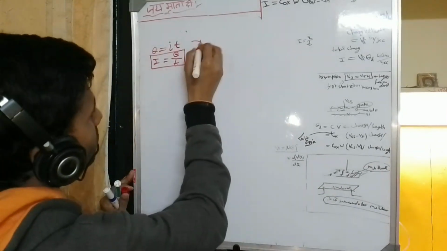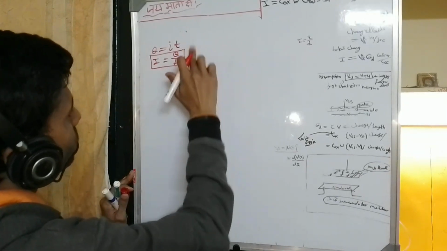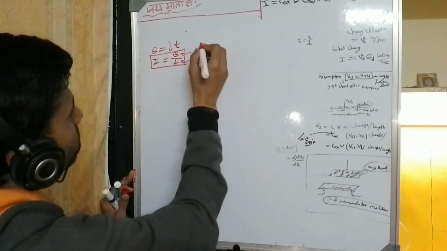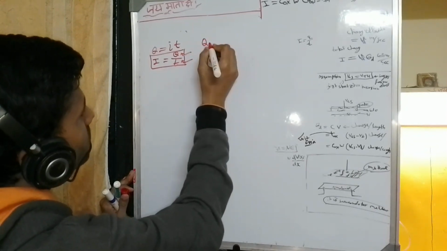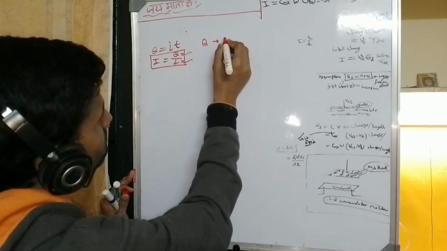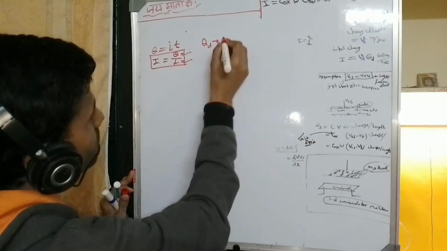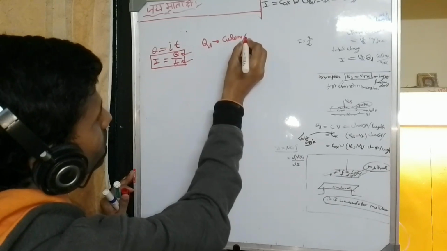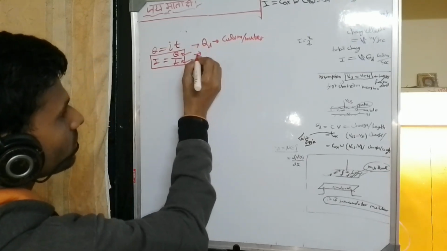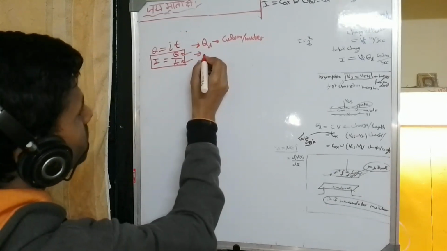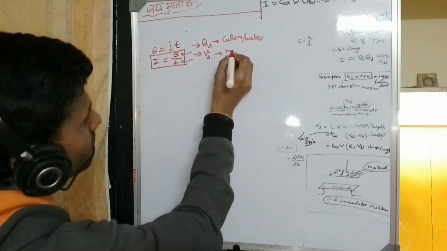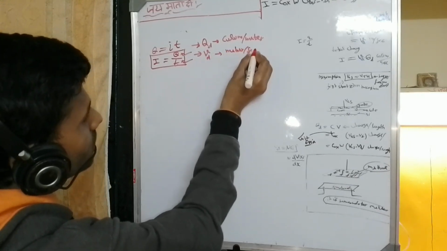Then if we want to find the current, what do we have to find? First, the total charge per unit second. Let me assume the charge density is QD, coulomb per meter, and one more thing, we have to assume the velocity of charge, meaning drift velocity, in meter per second.